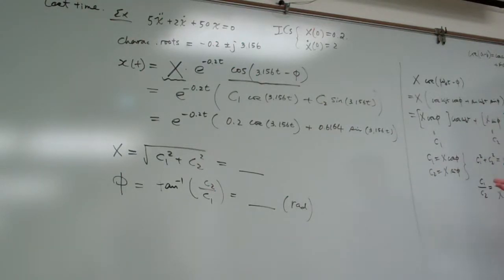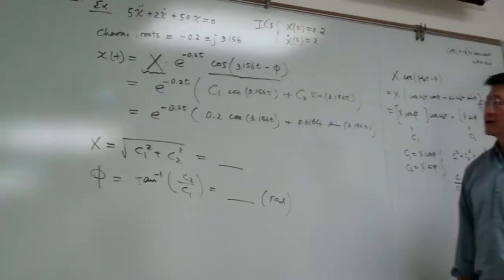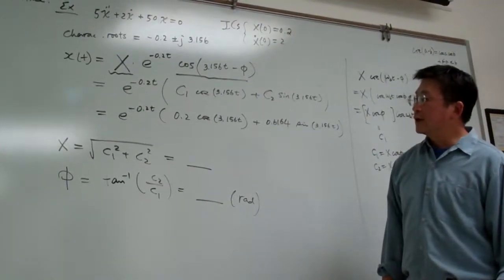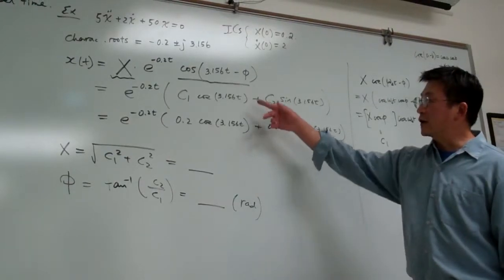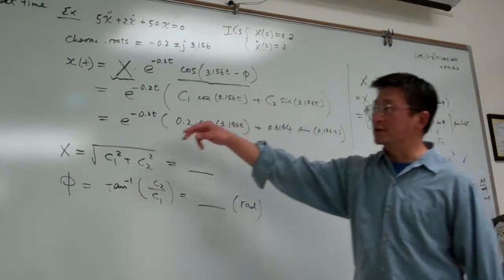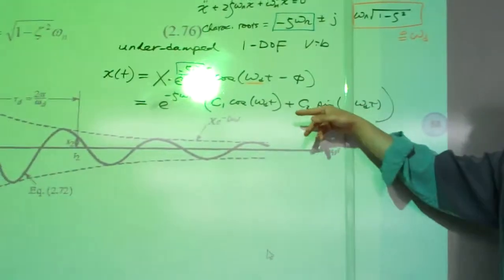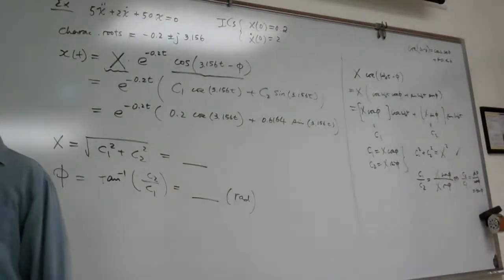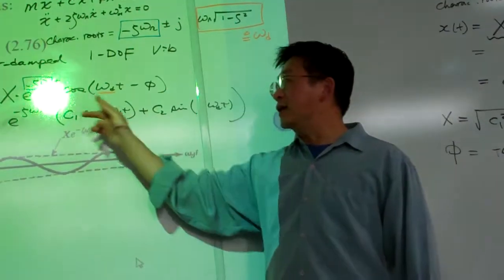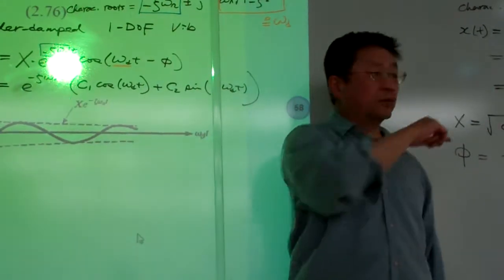So that is the information we exercised here, showing you the conversion between the two forms. You can either determine C1, C2 from initial conditions, then get X and phi from that formula, or vice versa.